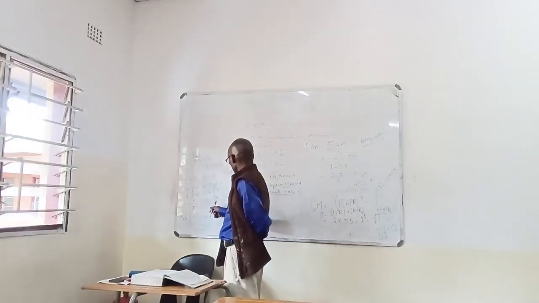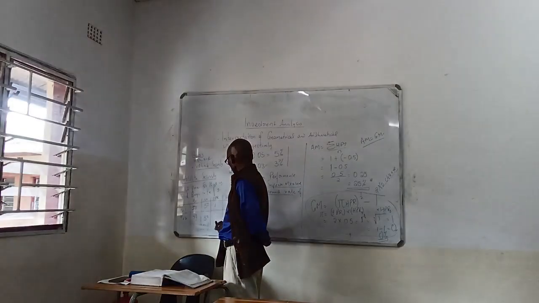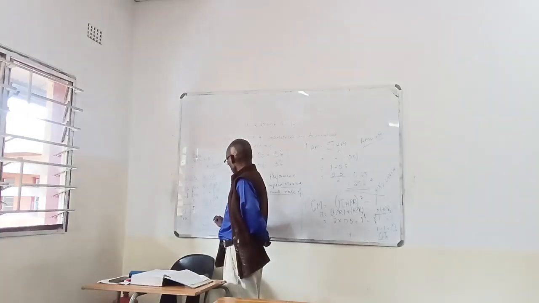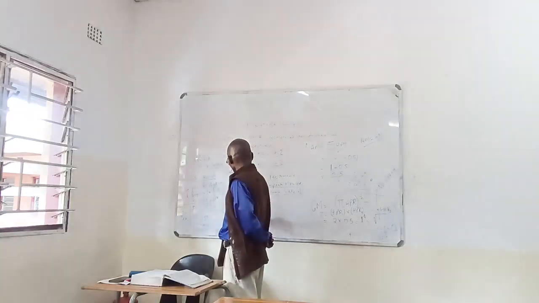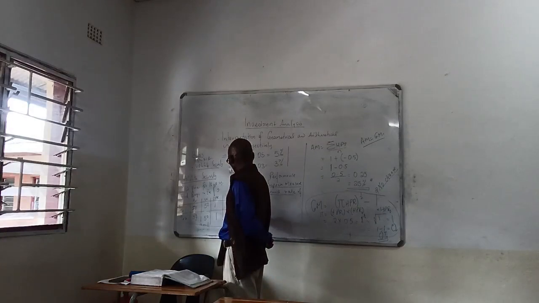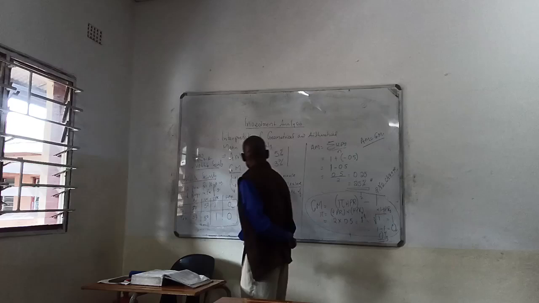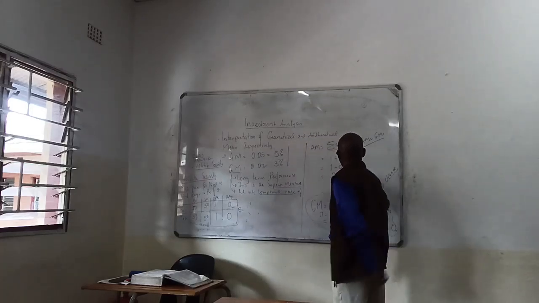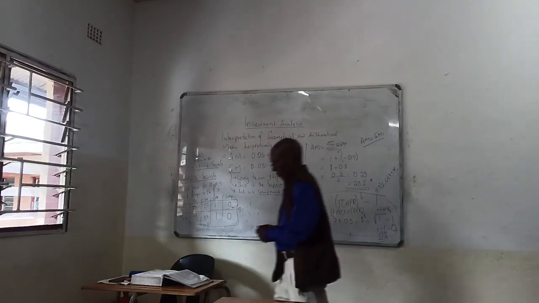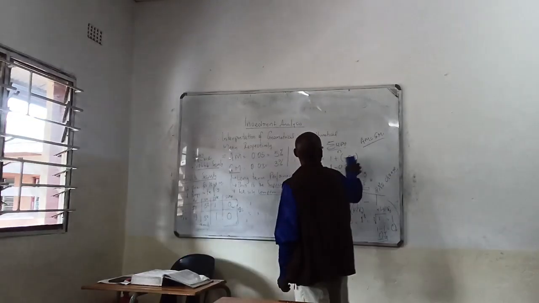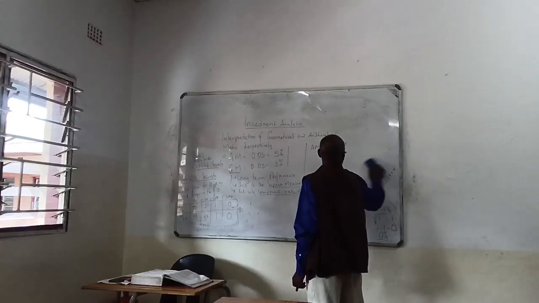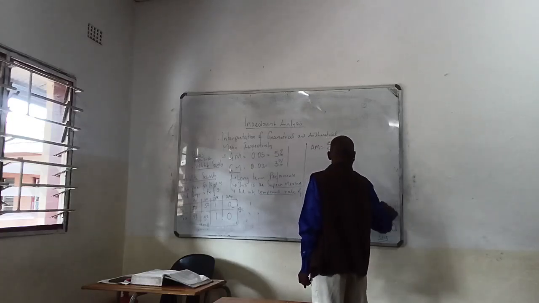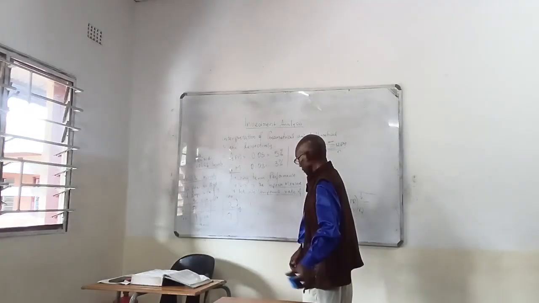This one is equal to 1, and again here is equal to 1. So here is equal to 0, and here is equal to 0. Let's calculate that.